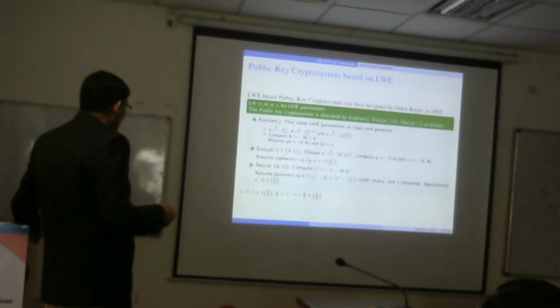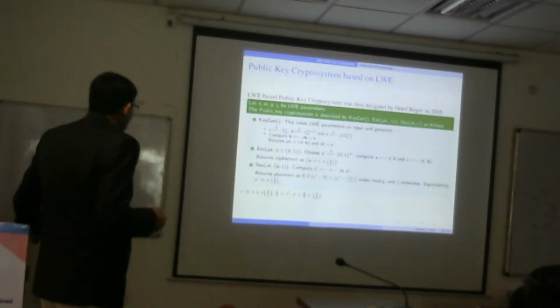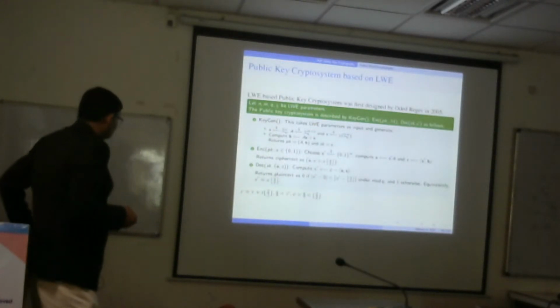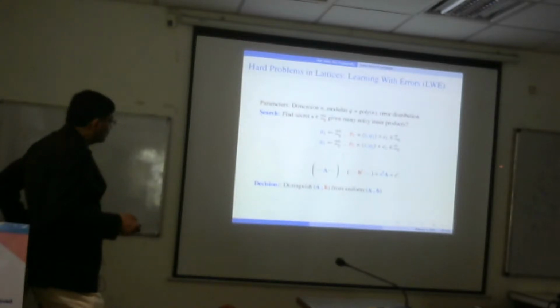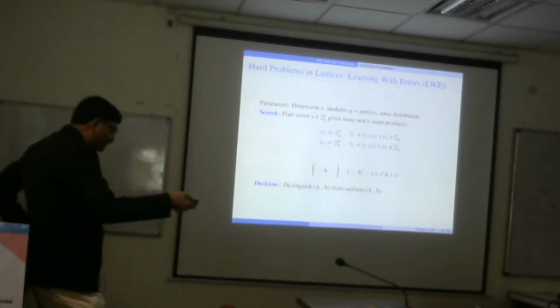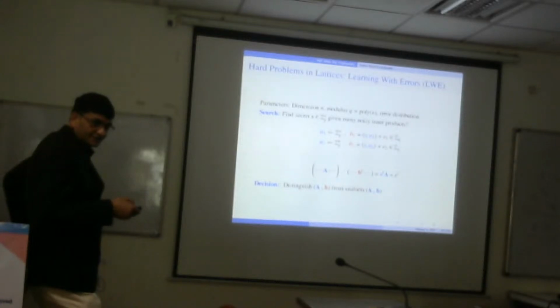After that, we have many such schemes based on the lattice. Here, in the system of equations, what we have done is introduce this error. Suppose we want to find out this error that we have added.